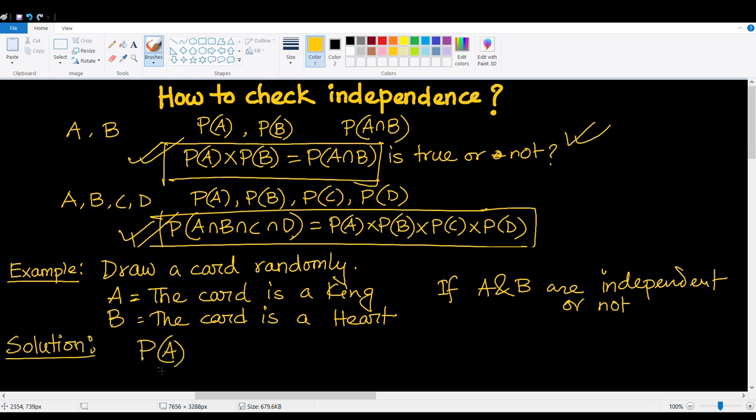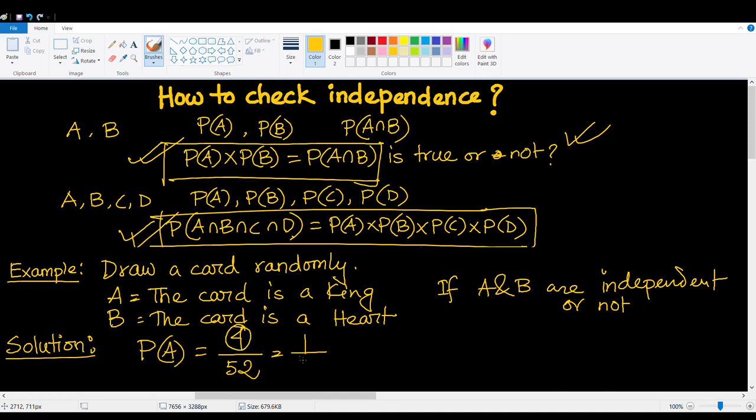First, you have to determine P of A. P of A is the probability of getting a king from the deck of cards. You know that there are only four kings, one from each of the four suits. So the number of favorable cases here is 4, and the total number of outcomes is 52. That means you can pick a card randomly from the deck in 52 different ways, and 4 of these ways are your expected outcomes.